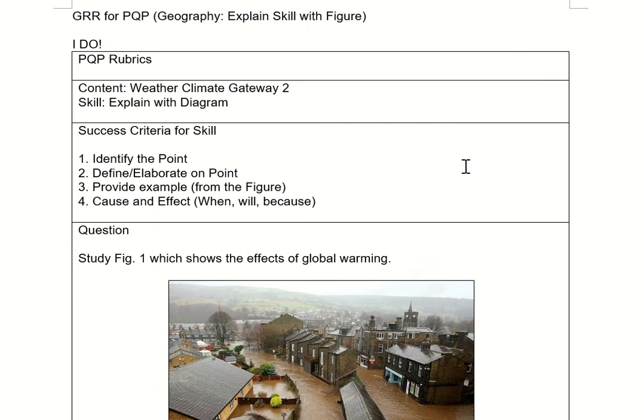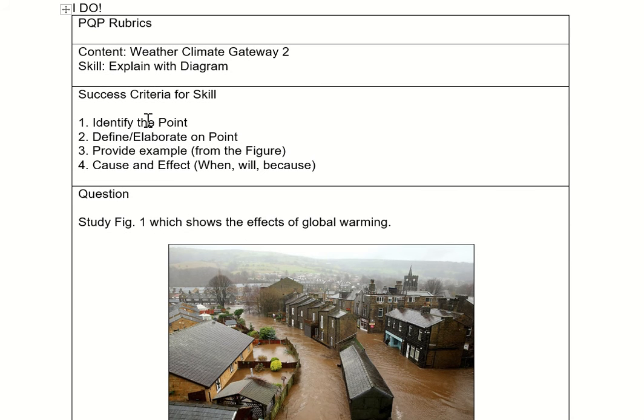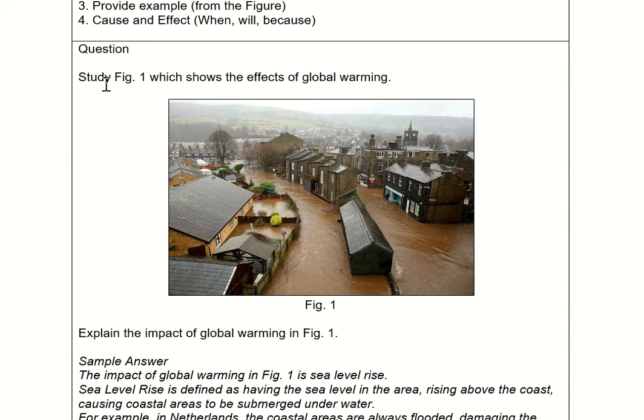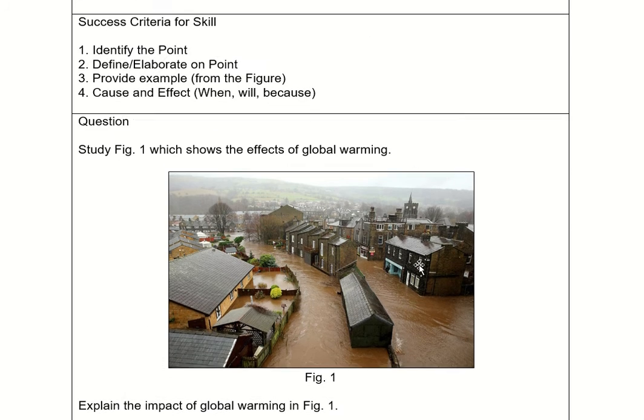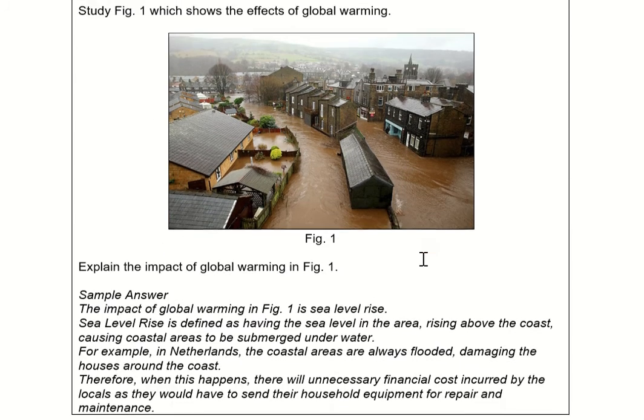What I did was I selected the content, I selected the skill that I want to do for GRR PQP, and then I identified the success criteria. Then I put in the question and the sample answer. In this sample answer, you must ensure that there is a mistake inside so that we can do PQP together. For I do, of course, we will show them how to do it.